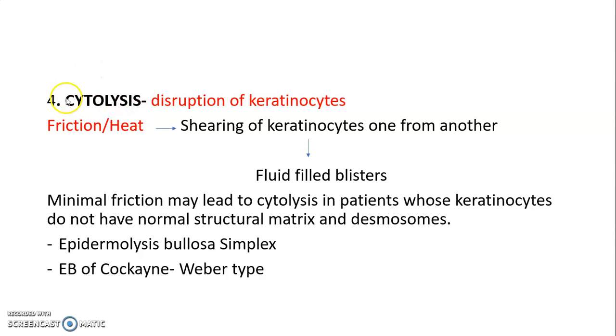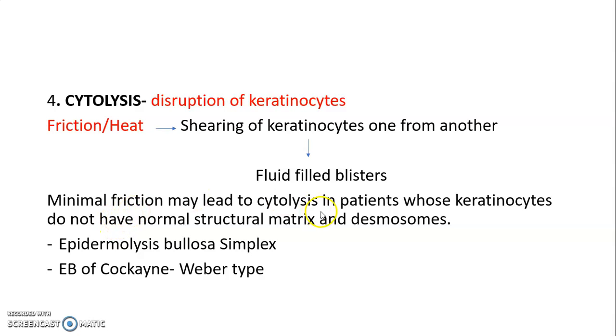Blister formation due to cytolysis occurs when there is disruption of keratinocytes. Due to friction or heat or any physical agent, there is shearing of keratinocytes from one another, leading to fluid-filled blisters.